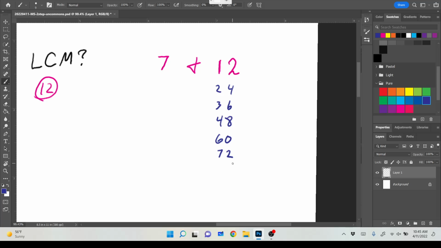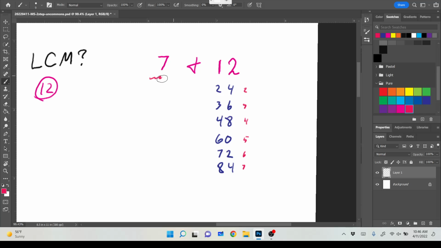And then 84. So it's worth noting, and this is not really what we're learning today, but this would be times 2, 3, 4, 5, 6, 7. You never have to go further than the other number. Never, ever. Because if you go that far, then you know that's going to be where you're at, right?